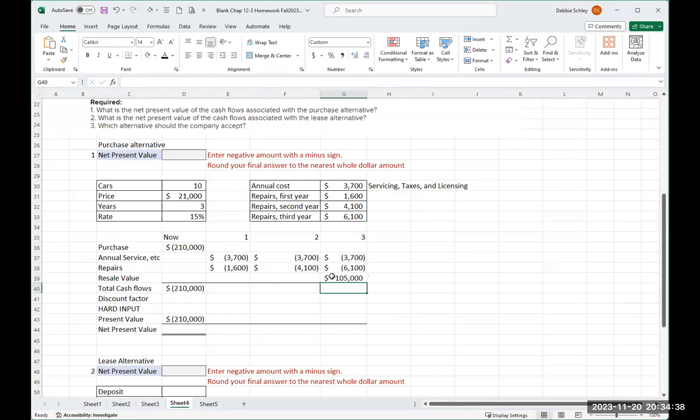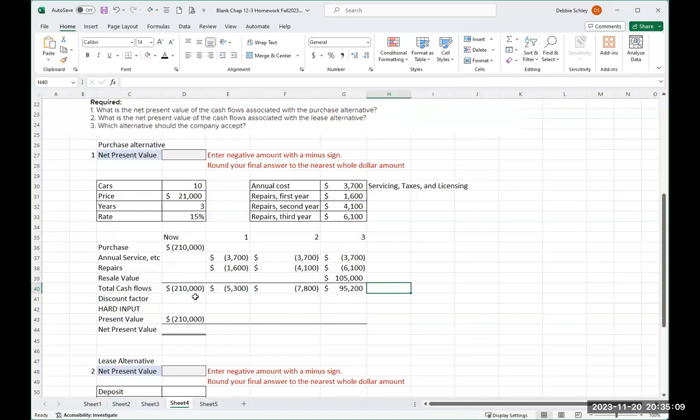So I have a positive 105,000 coming in, because that's half of this. Okay, so I can drag this formula across to sum all of these numbers. That plus that equals this, and so forth. And this summed, because I have positives and negatives, gives me that.